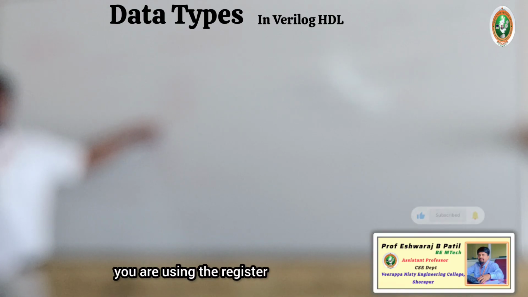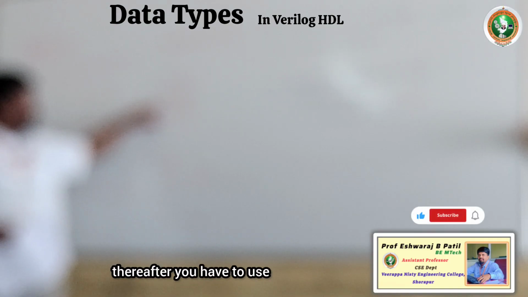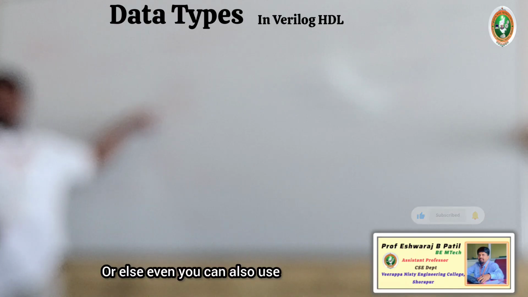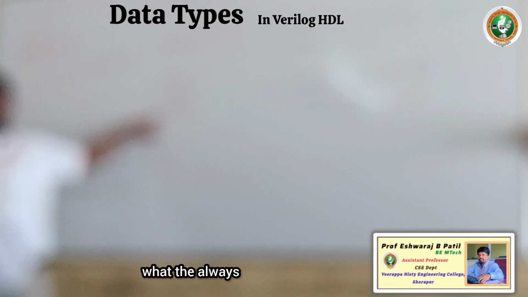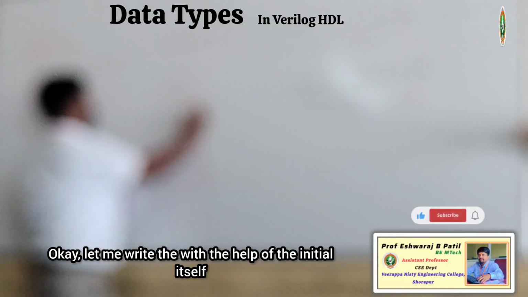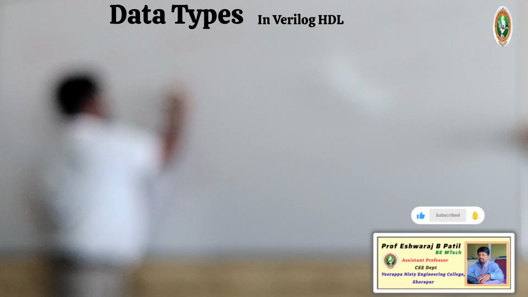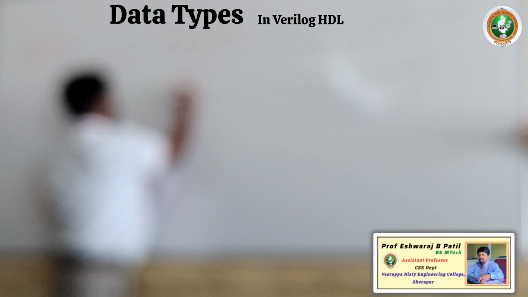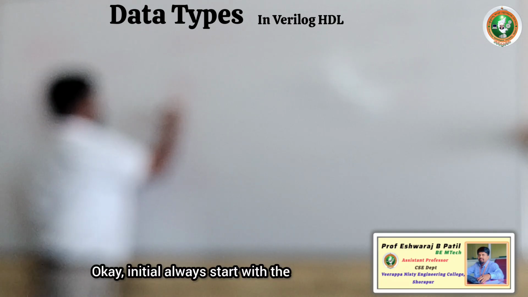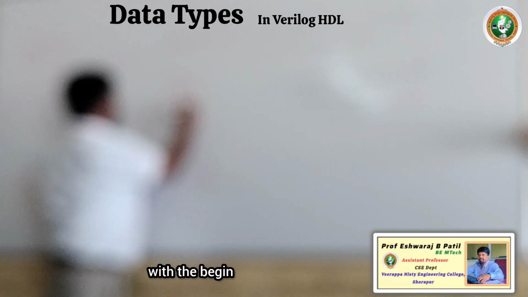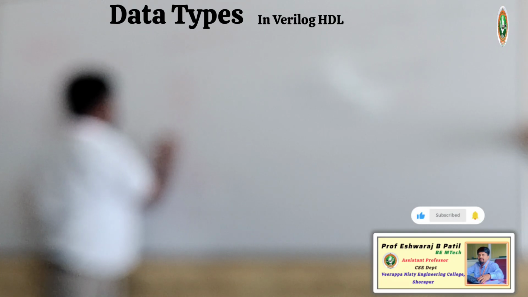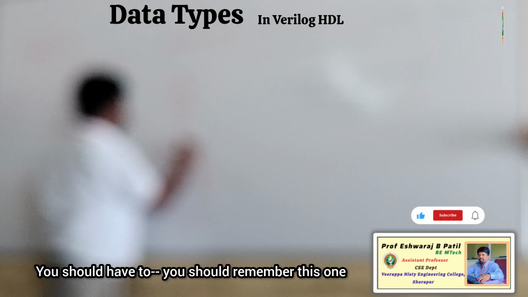If you are using reg, you have to use the initial keyword, or else you can use the at the rate of always keyword. Let me write it with the help of initial itself. Initial always starts with begin, then end, then endmodule. You should remember this.